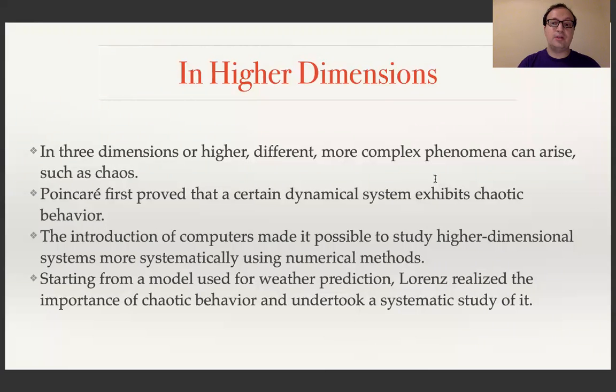And in 3 dimensions and higher, the behavior can be, again, much more complicated. And one of the things that can happen in 3 dimensions or higher, but cannot happen for 2-dimensional systems of ordinary differential equations, is chaotic behavior.